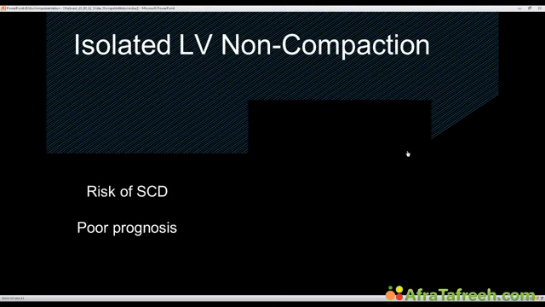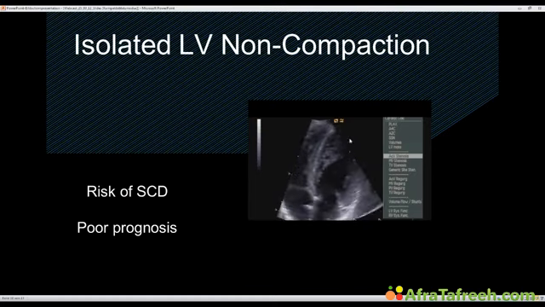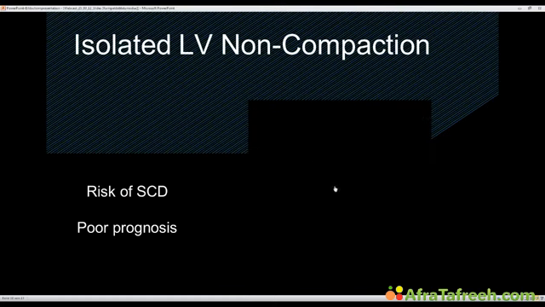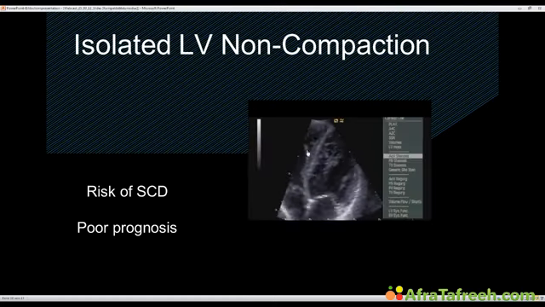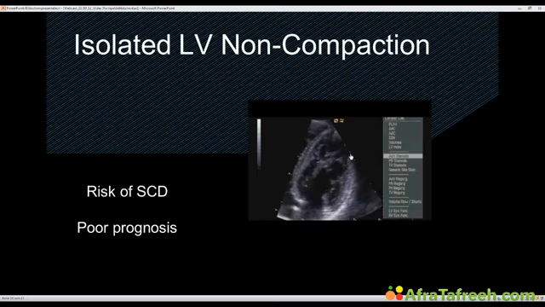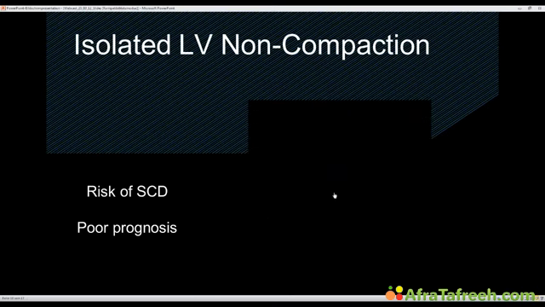Here's another example. Here you have a beautiful example of a non-compaction syndrome with a very spongy appearance again. So take a look closely at all patients who have sudden cardiac death.